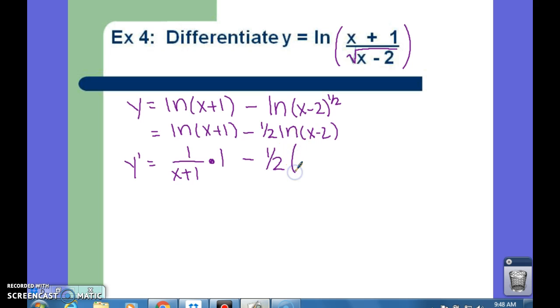So it's 1/2 times 1 over the inside stuff, times the derivative of the inside stuff, which again is 1. So you get 1 over x plus 1 minus 1 over 2 times the quantity x minus 2. You don't have to find a common denominator. There's no need to make that algebraically simpler.